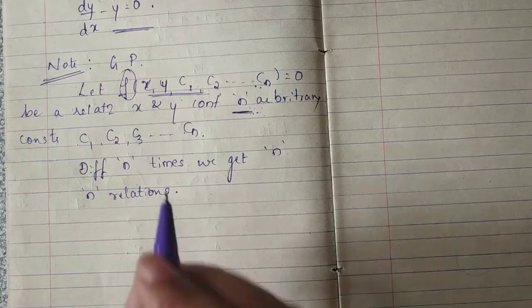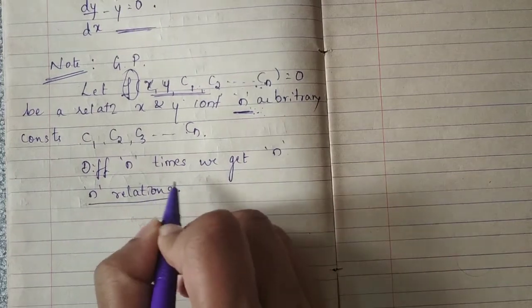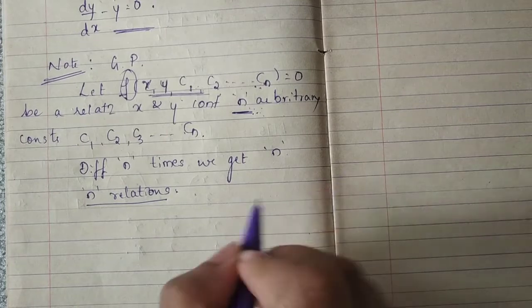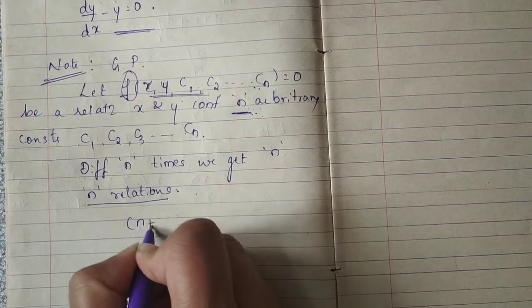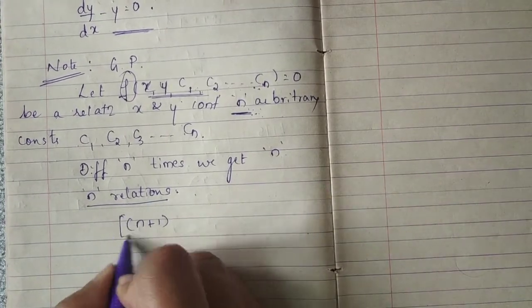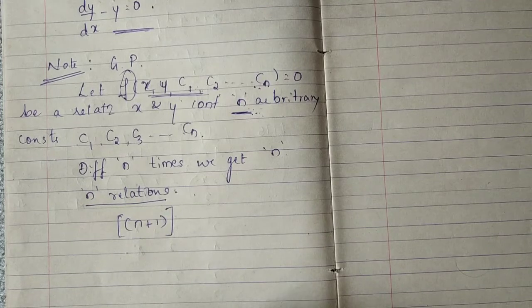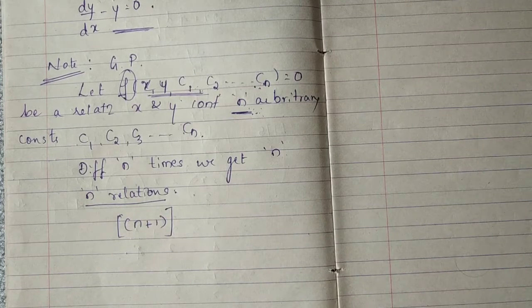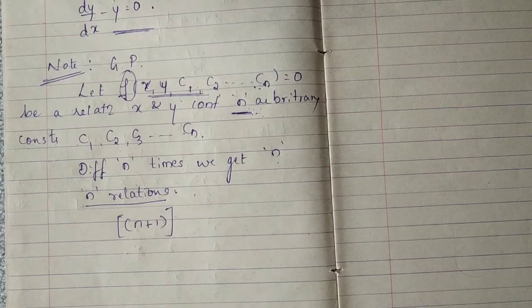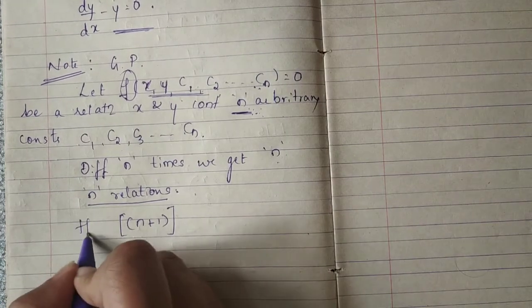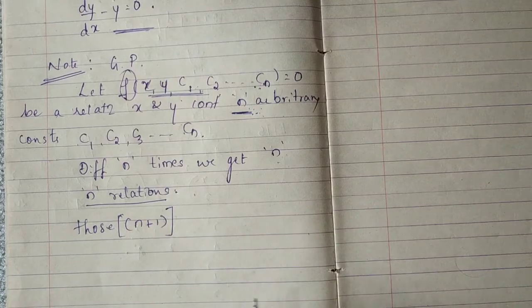So, total n relations and the given solution, totally n plus 1 relations. I am repeating, differentiating n times we get n relations.